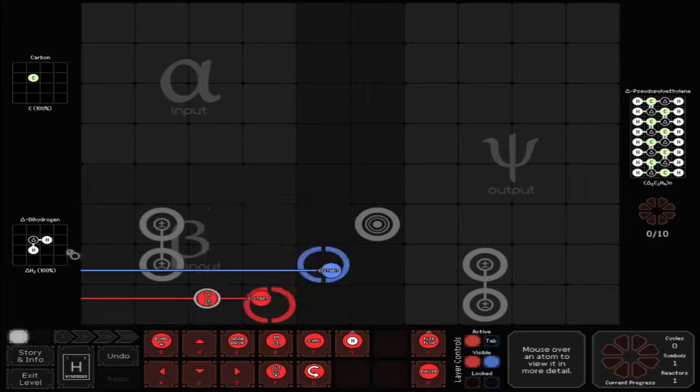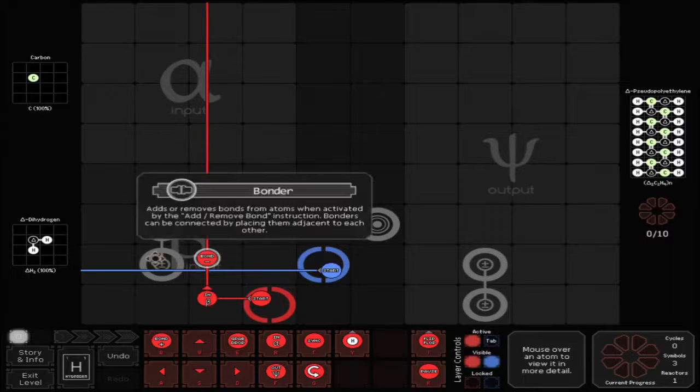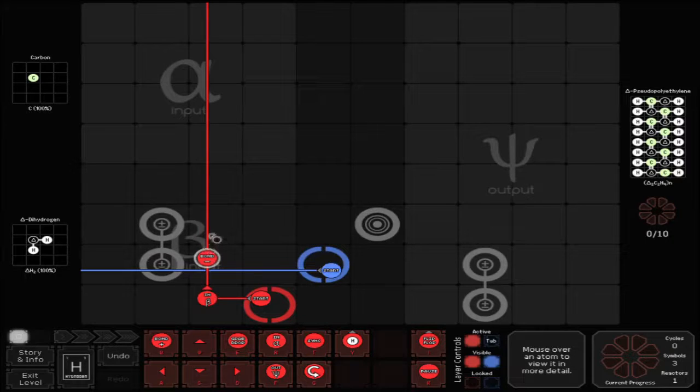Red calls in a delta dihydrogen, snaps away the first bond, grabs the delta hydrogen pair, spins it so it's pointing straight up, and then leaves it right there.